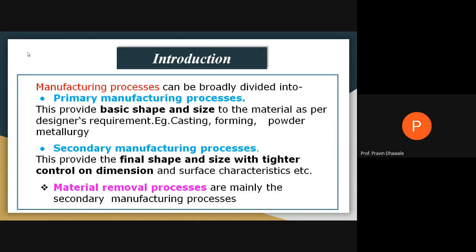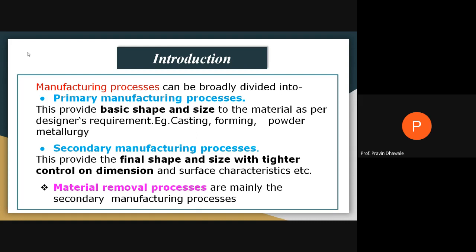Means in case of a secondary manufacturing process, we can provide the final shape to the workpiece with very tight control on dimension, or very high accuracy of dimension. With dimension, we can also maintain very good surface characteristics like a very smooth surface finish.